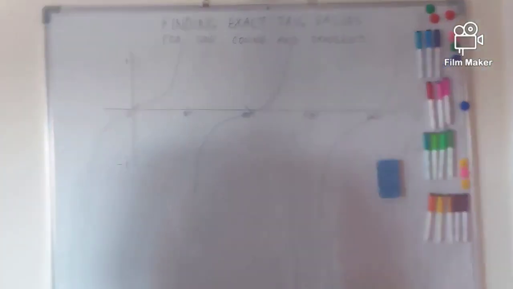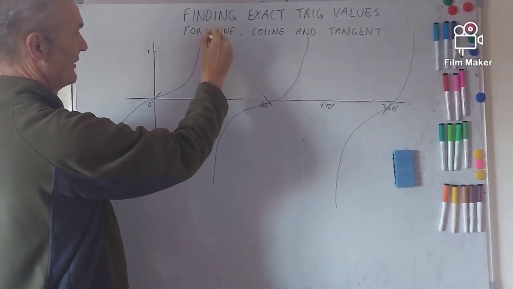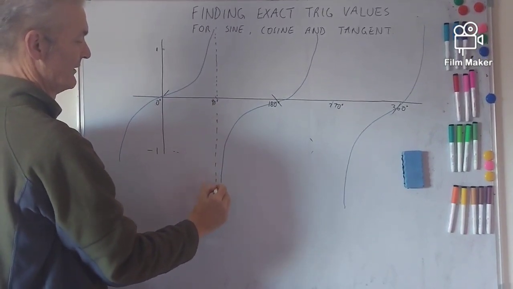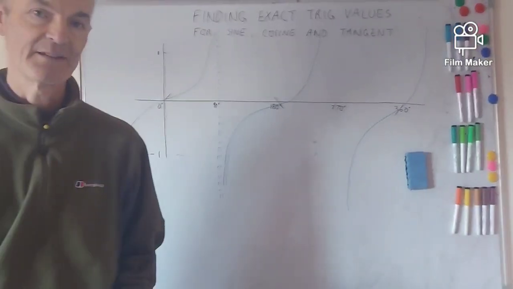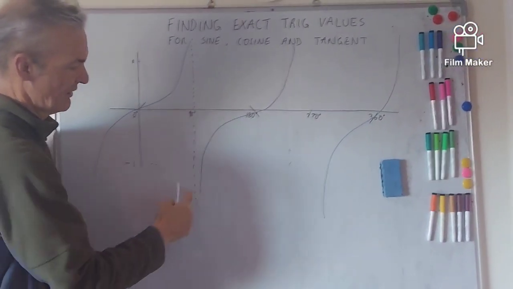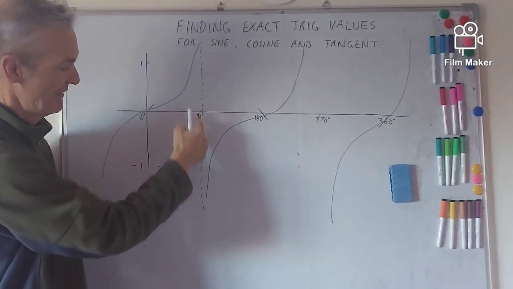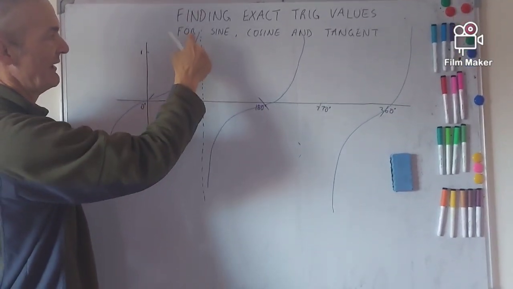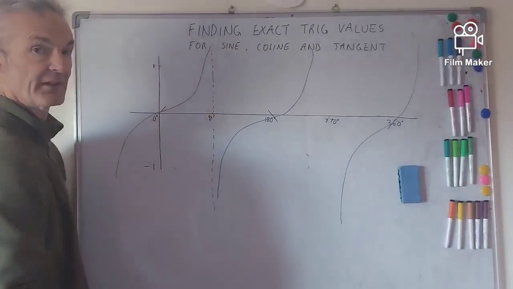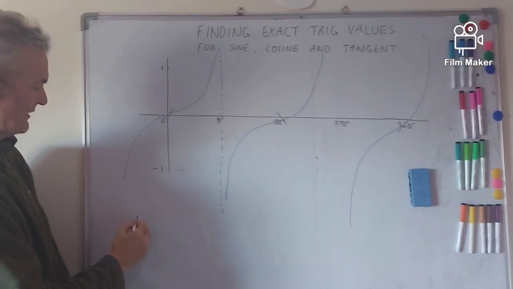There's the tangent curve, and at 90 degrees we have what we call an asymptote. So the tangent curve never actually touches the asymptote, which is at 90 degrees, and up here it never actually touches the asymptote.